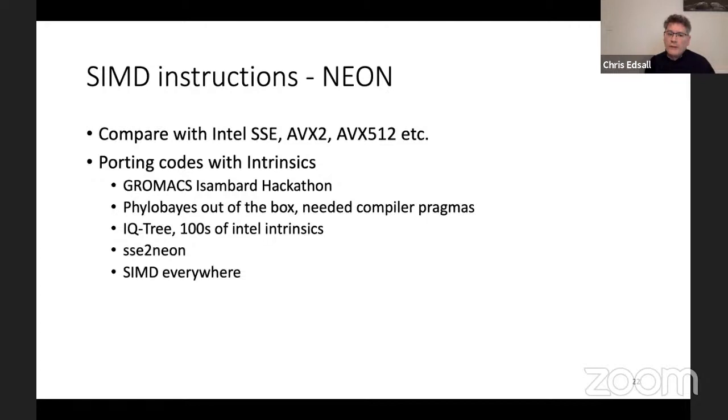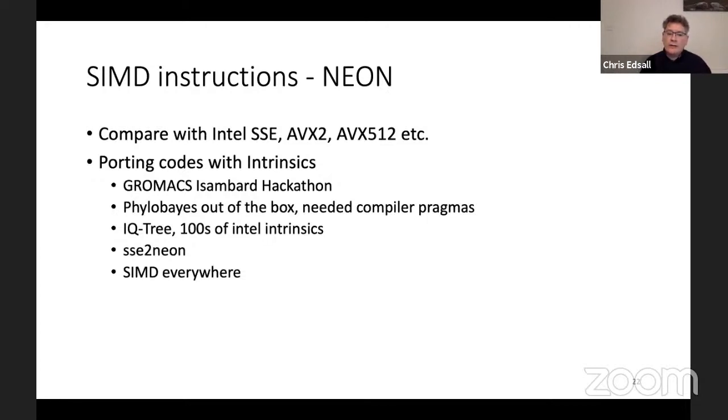So the GROMACS code got quite a bit of its performance from using intrinsics. We invited the GROMACS developers along to a hackathon we had a couple of years ago, and they implemented the Neon instructions, which are the ARM equivalent. And now GROMACS runs very well on ARM.